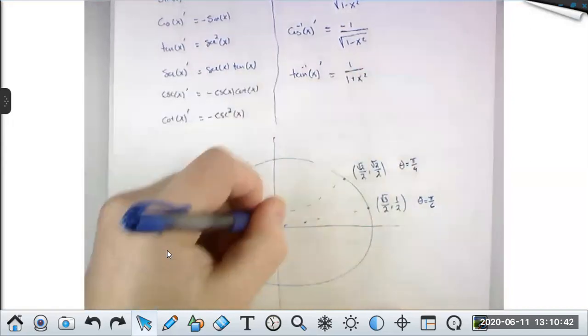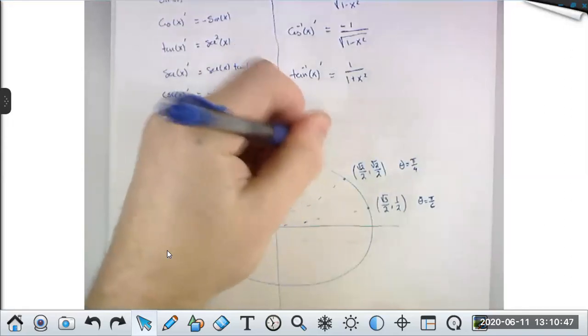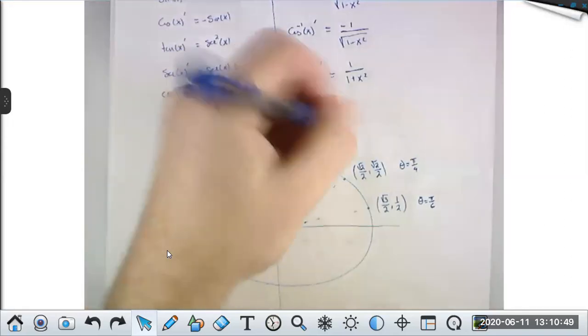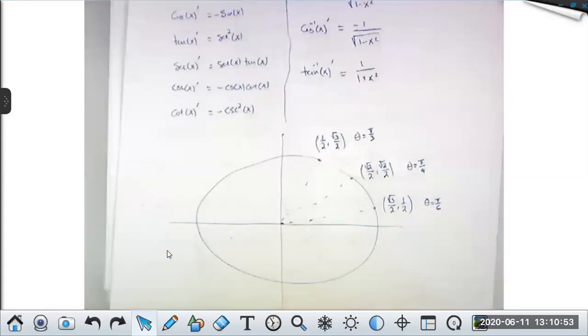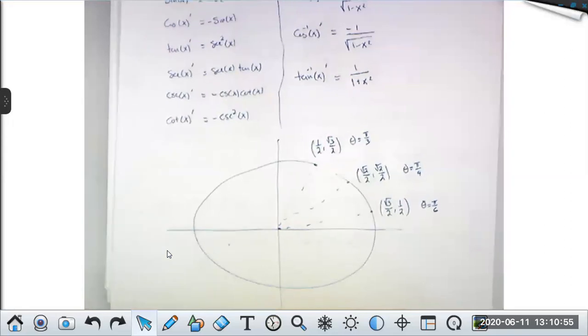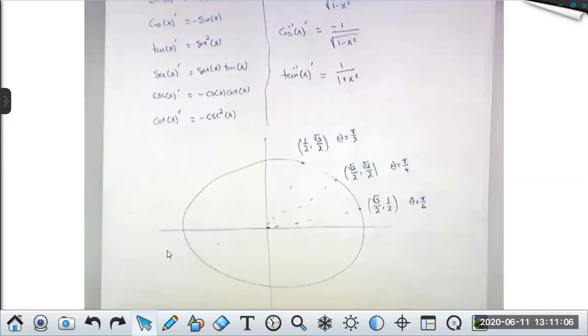Oh my god, I forgot how those work. Okay, so tangent of pi over 3 is square root of 3 over 2 over 1 over 2, which would just be 2 square root of 3 over 2, right? Cancel the 2's and you just get square root of 3.